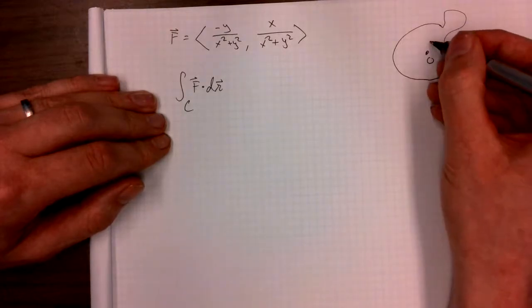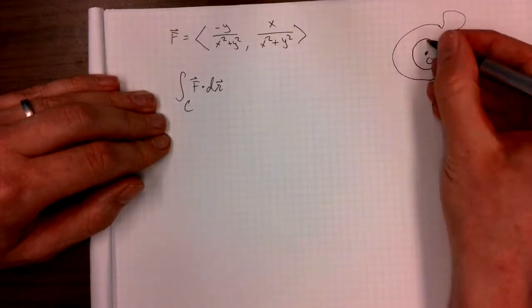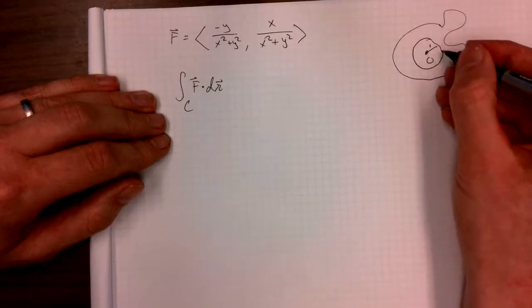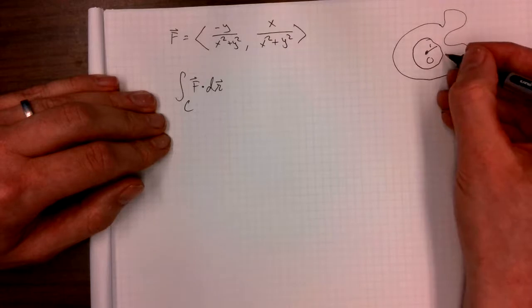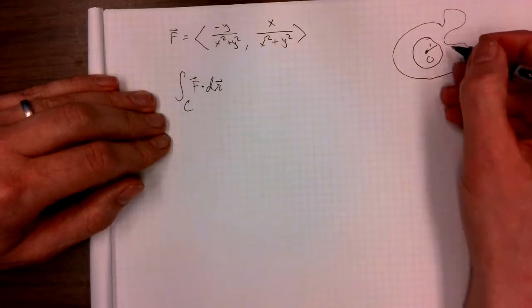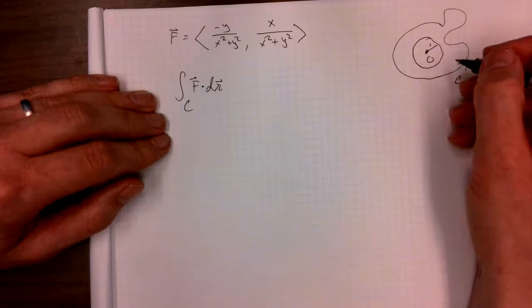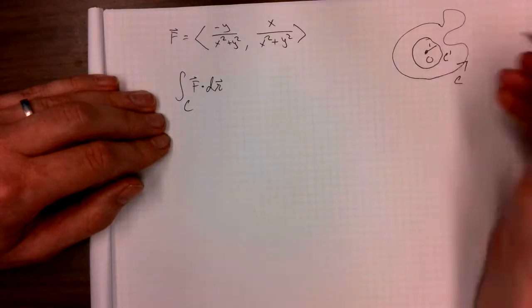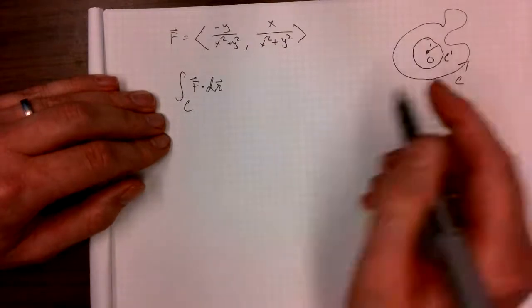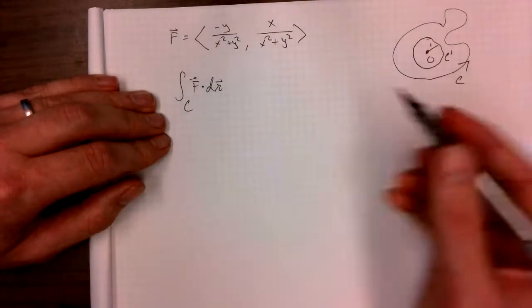But what we can do is easily parametrize the circle of radius 1. Let me call it C, that's taken, let's call it C prime. I want to call it a circle, right?